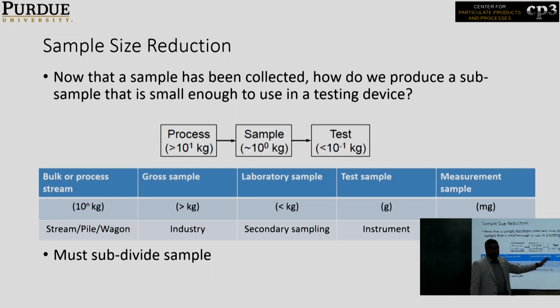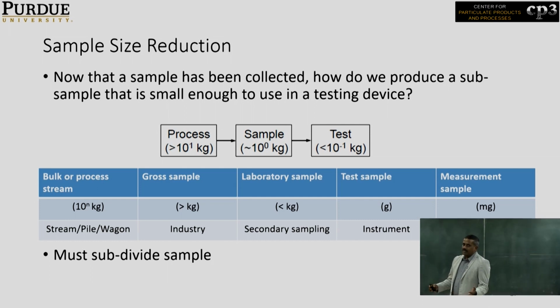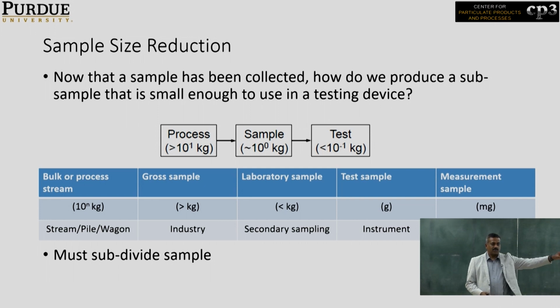So we always have to subdivide the sample, right? From tens of kilograms to a couple of grams, right? So the tens of kilograms is the subsample that you collected from the large process, but still you have to subdivide it to match up with your scale of measurement, right? So we always have to subdivide the sample, right?